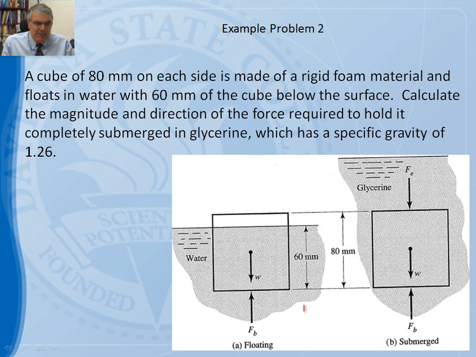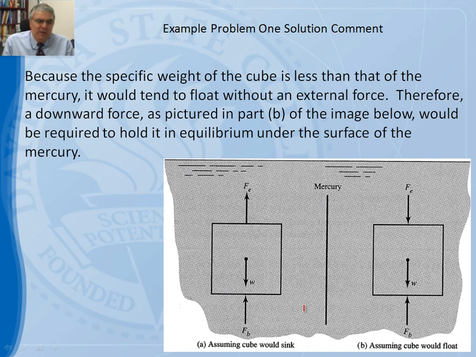That would tell us that every time we have an object as such, and we want to determine if it would actually submerge or not, as shown here, we would look at the specific weight, because the specific weight of the cube in this case is less than that of the mercury.